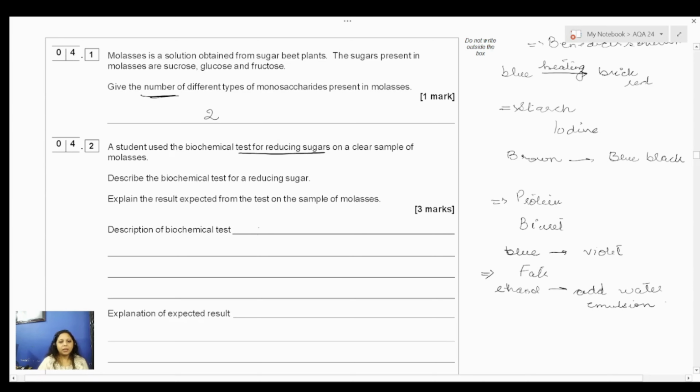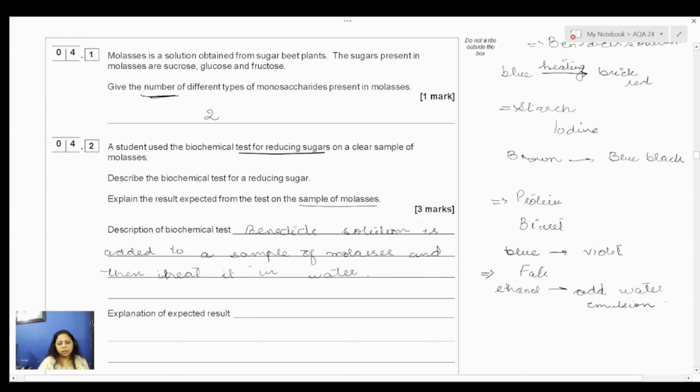First mention Benedict's solution is added to a sample. Here we have a sample of molasses, and then it is heated in a water bath.